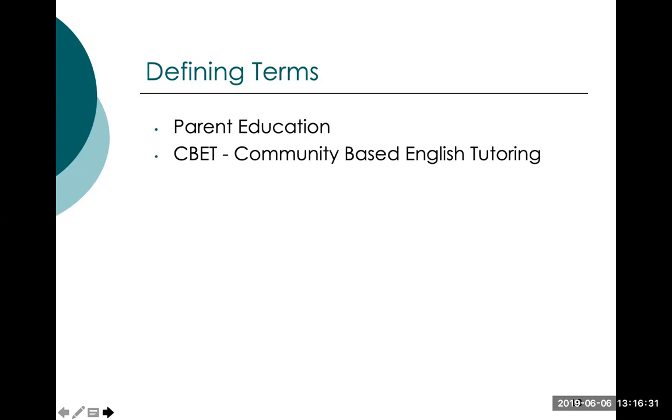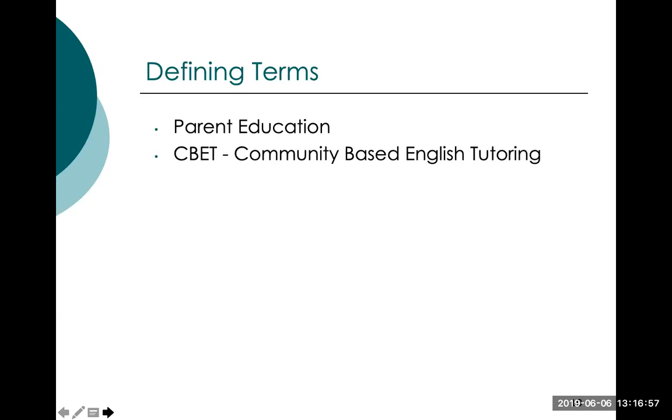As part of this proposition, CBET funds were allocated to improve the English of the adults in the community so that they could provide English tutoring to the children. I think there's a little bit more we could talk about with this, but I'm going to save it till later when we reference this term, in the interest of time.